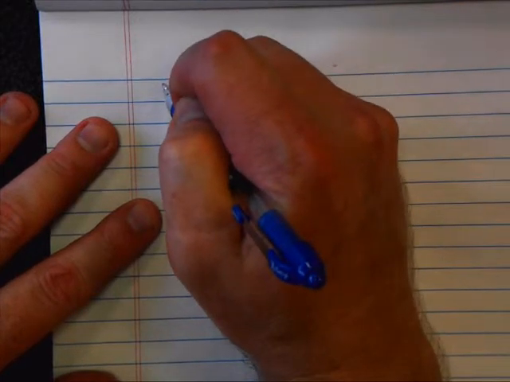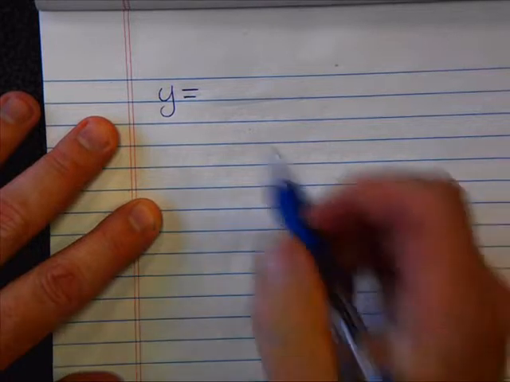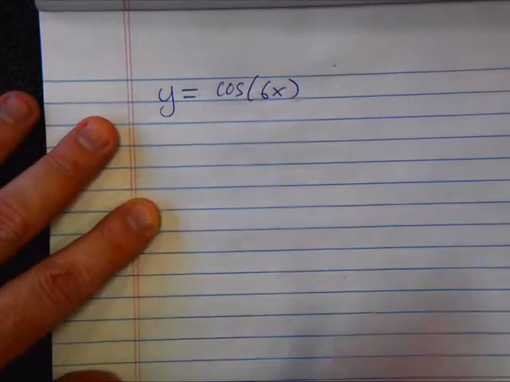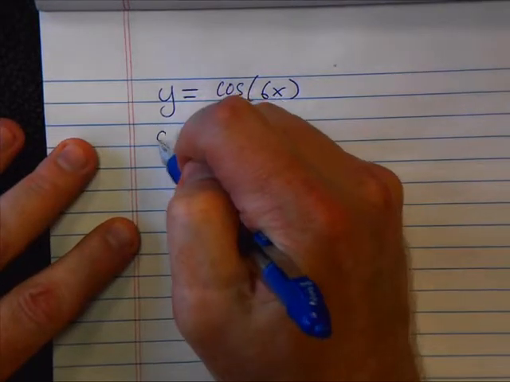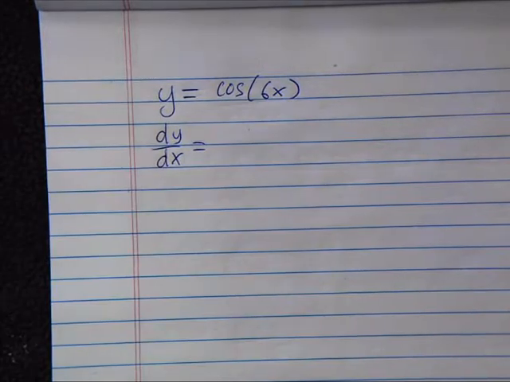Oh, let's see. Y is cosine of 6x. I want to know the derivative, dy dx. What do I have to do?